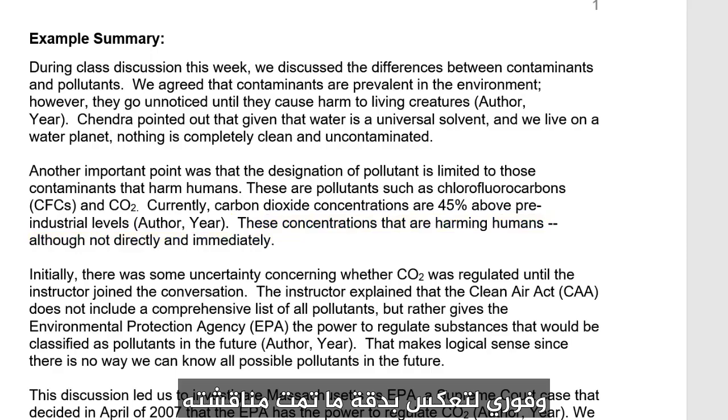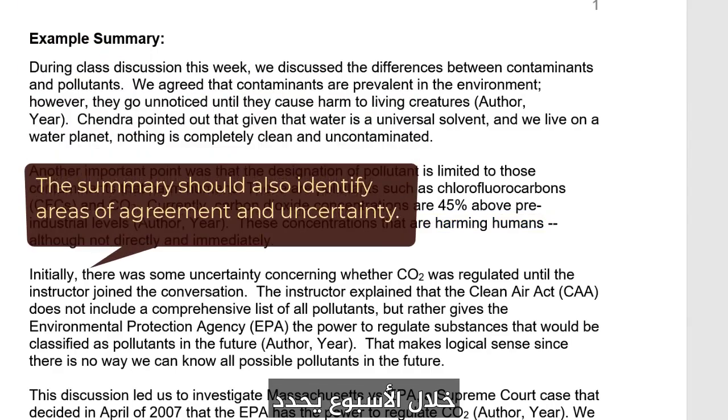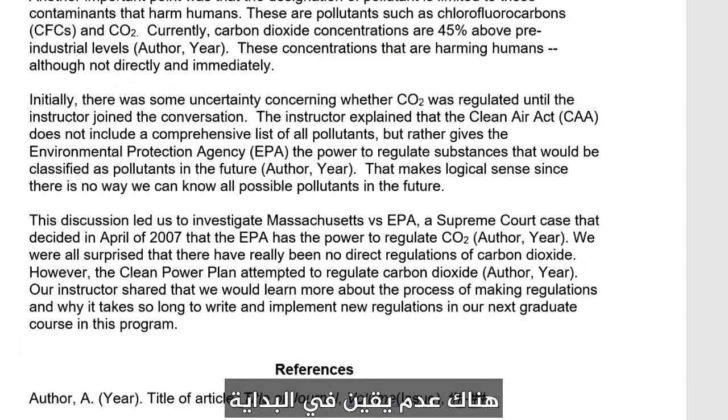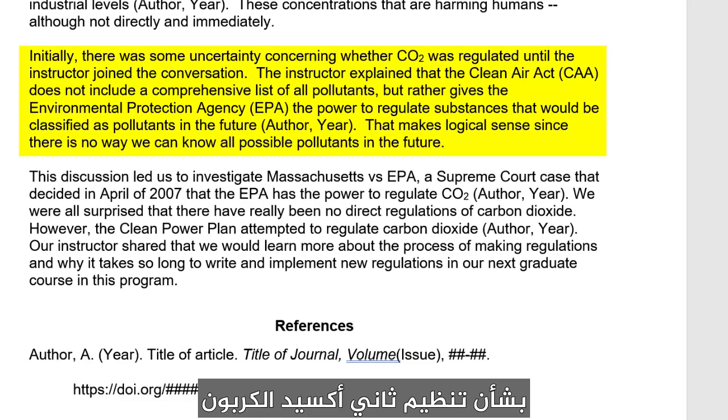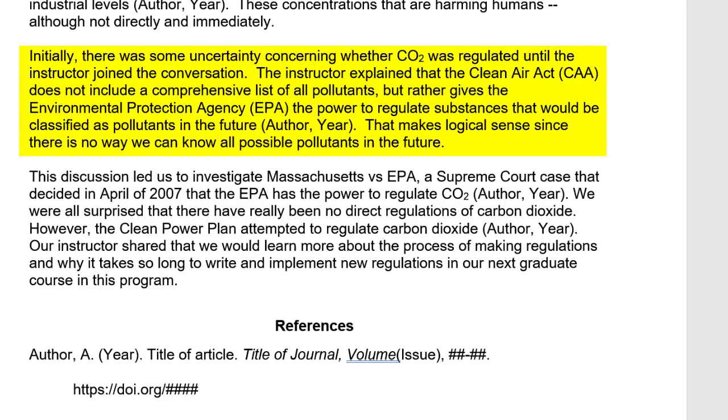To accurately reflect what was discussed during the week, the summary also identifies when there was agreement and when there was uncertainty. Initially, there was some uncertainty concerning whether CO2 was regulated, until the instructor joined the conversation.